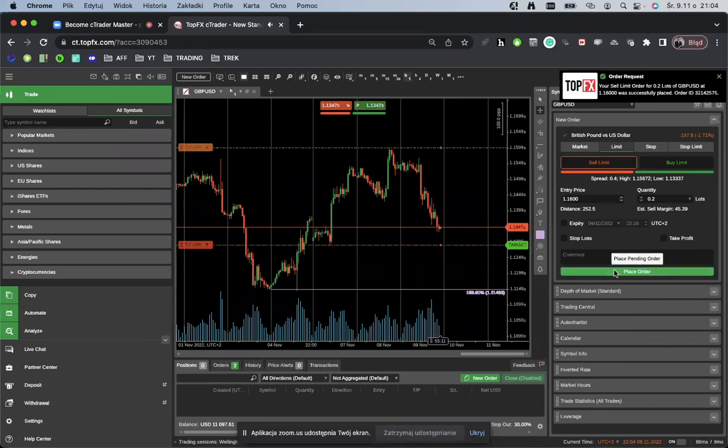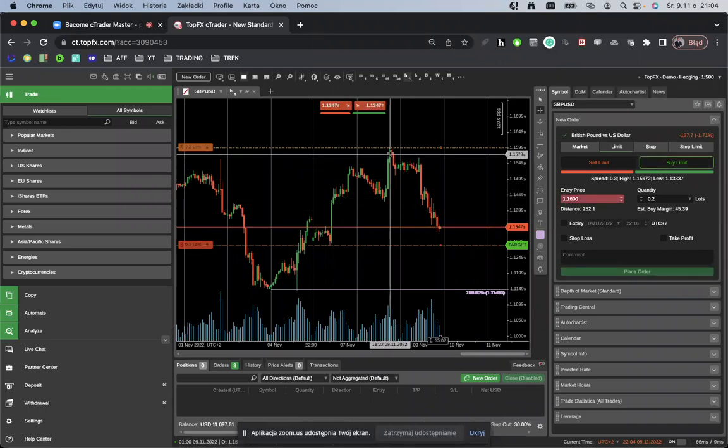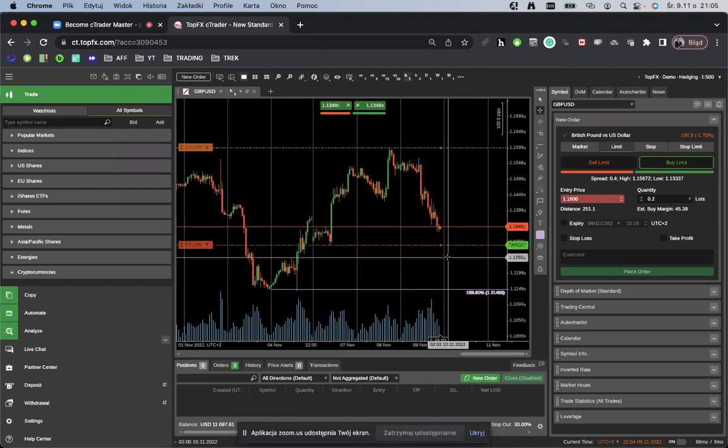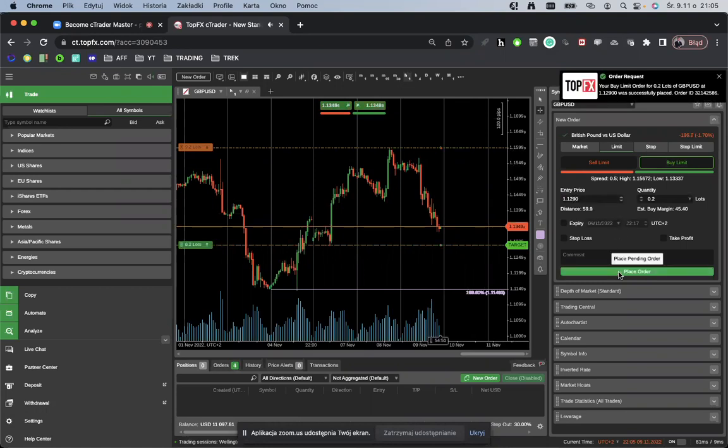The opposite side is of course the buy limit, and you think that the market will go that low to the level of 1.1290 and then it will bounce and go up. So you want to buy this level. This is again 1.1290, and there you go, you place buy limit and it's here.